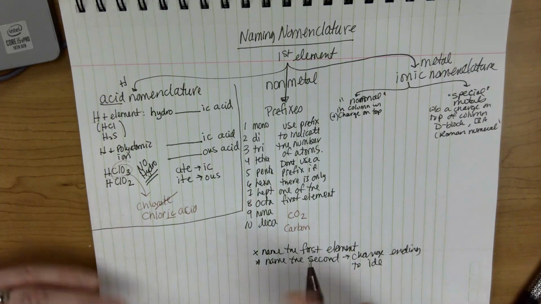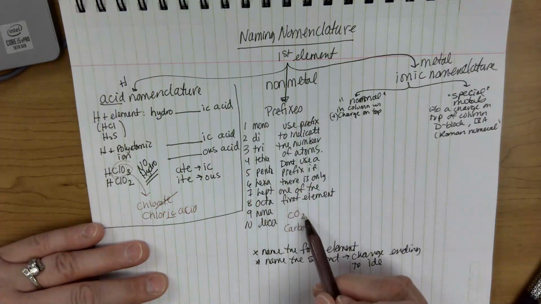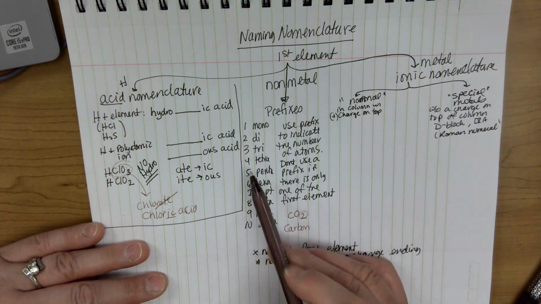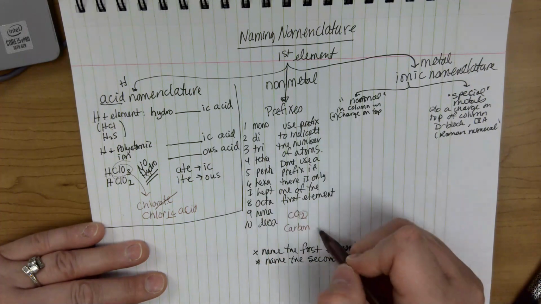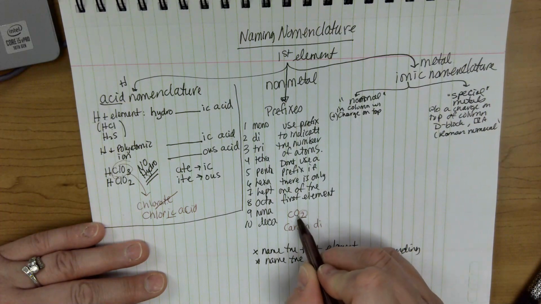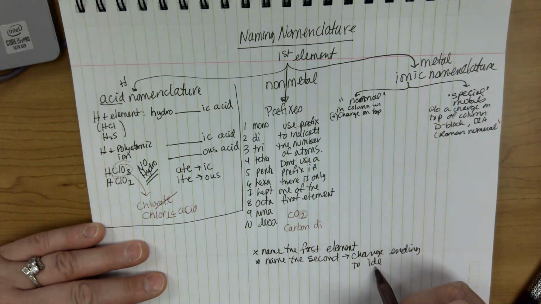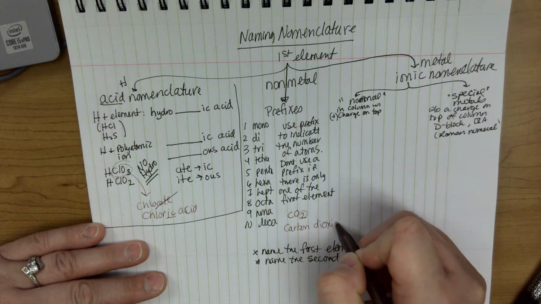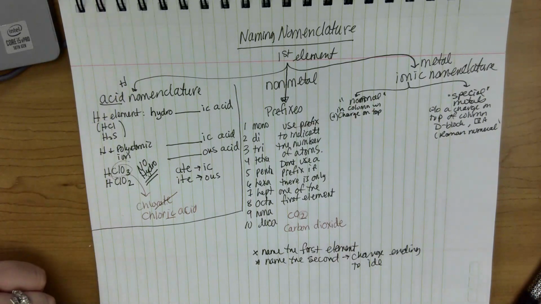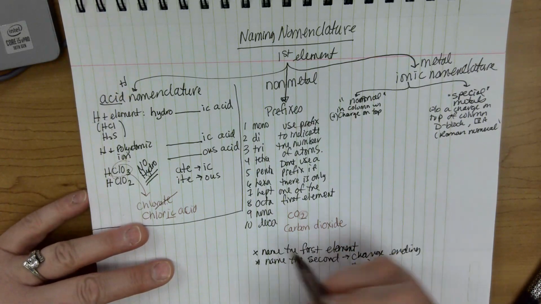But we've got to use our prefixes. Prefixes indicate how many. So this is 2, right? So 2 is di. So this is going to be di. This is oxygen. So we're going to change the ending to IDE, and that's oxide. Carbon dioxide.